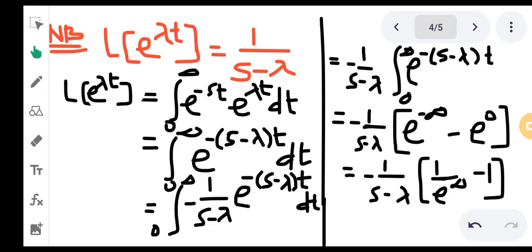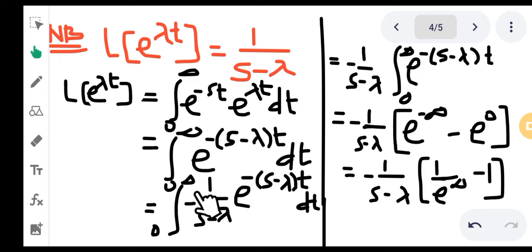Anytime you integrate an exponential function, just maintain the integral function, that's the e exponent minus (s minus lambda)t. Then you differentiate the exponent with respect to t. Differentiating t yields 1, leaving minus (s minus lambda), then you divide.